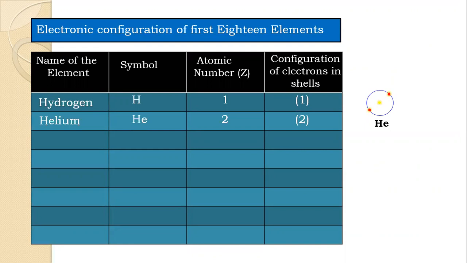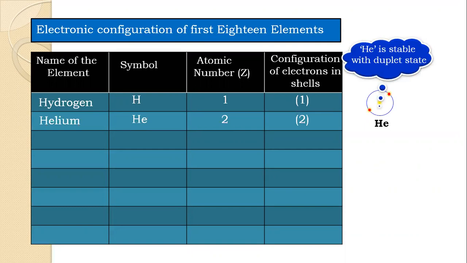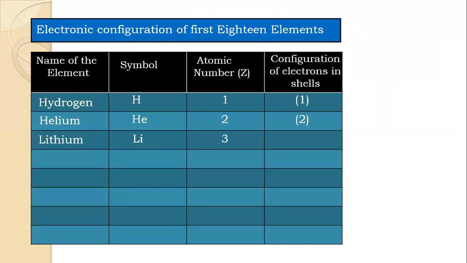Now students, for helium, the first shell is the last shell and it has 2 electrons, which means helium is stable. That is, it has achieved its duplet state, whereas hydrogen is not stable. Its duplet state is incomplete. Understanding, students? Let's check the next element, that is lithium.